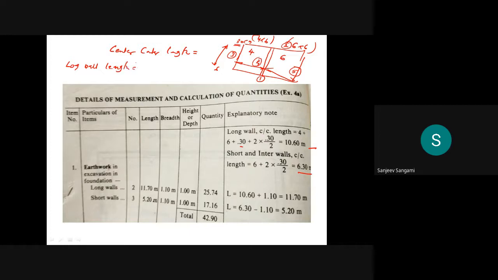Long wall length is equal to center to center length plus one breadth, you have to add. The center to center length is already there. Then the breadth: if you go to the section, the foundation excavation, you can see the excavation length is 1.1.